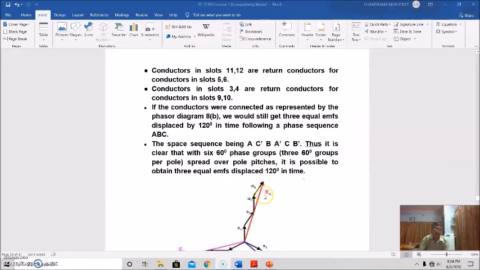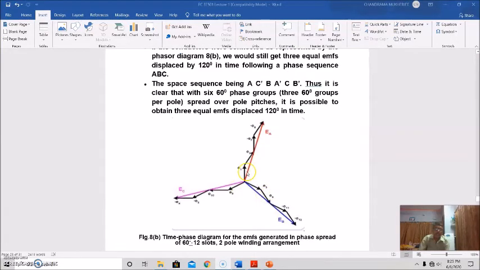And that is shown here. If phase A has 1, 2 and 7, 8, this is the forward part, this is the return part.